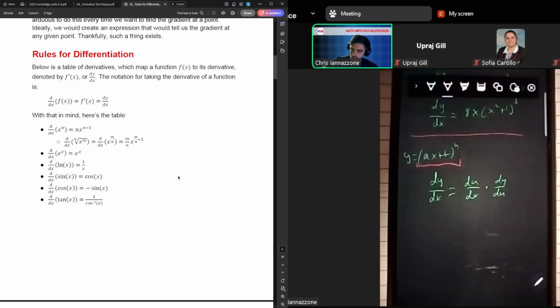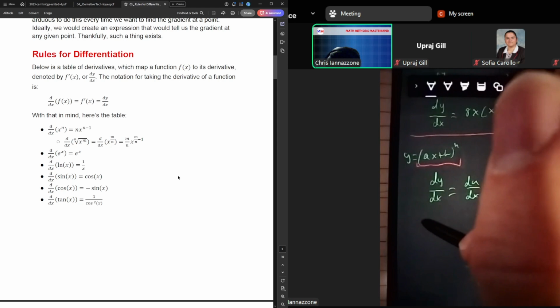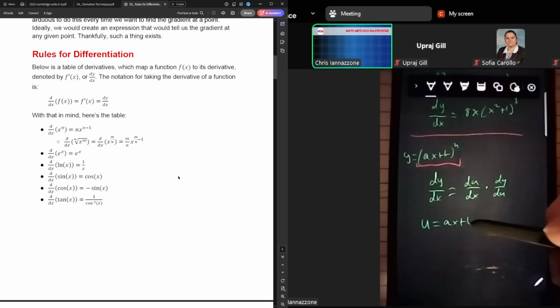So, what sort of substitution would we have to do to make it look exactly like an x to the power of n type situation? Let u be ax plus b. There we go. Exact same idea. Take whatever's in the brackets, u equals ax plus b, and then rewrite our y purely in terms of u.